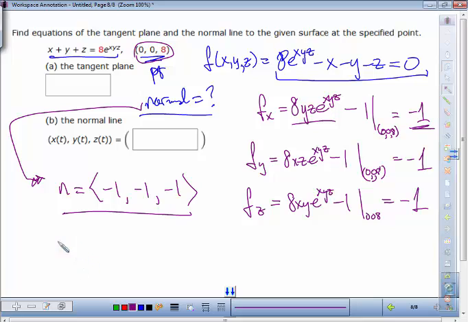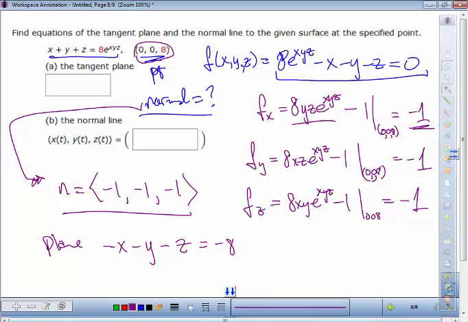So let's see. Your plane is going to be negative 1x minus 1y minus 1z is equal to the dot product of the point and the normal. So that's 0 plus 0 plus minus 8. Okay? And this looks easy enough to view.